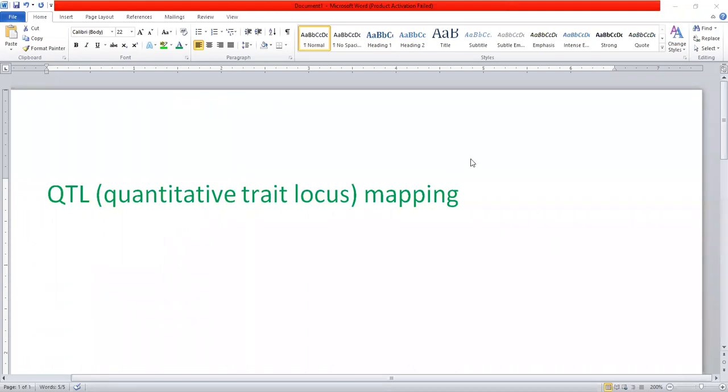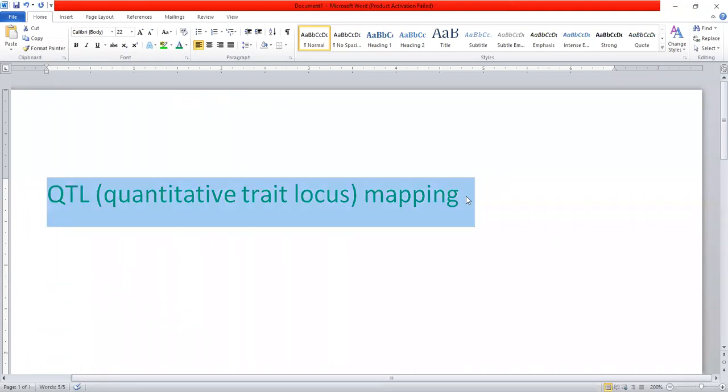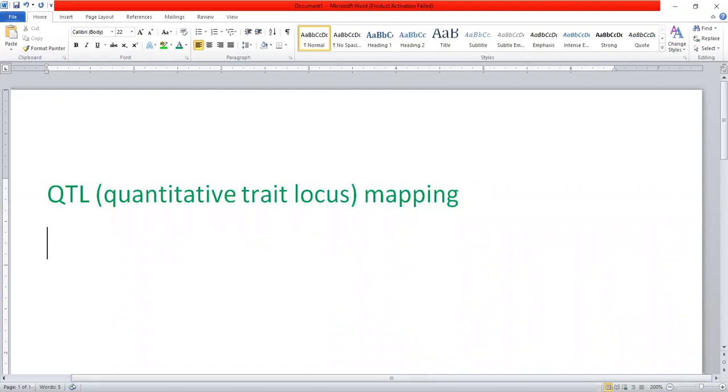In QTL mapping, first we will record the phenotypic data, the trait data, the trait whose genes we are interested to determine.